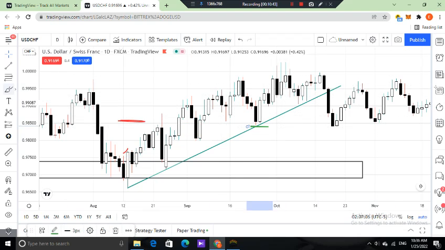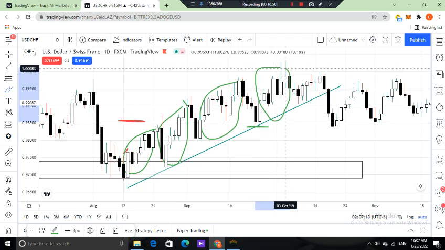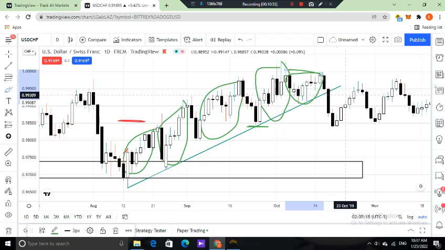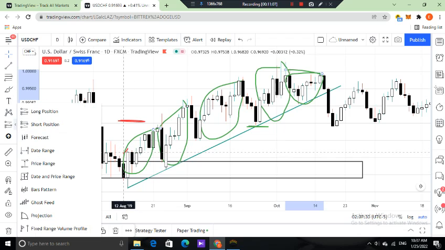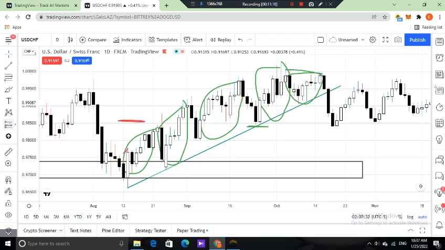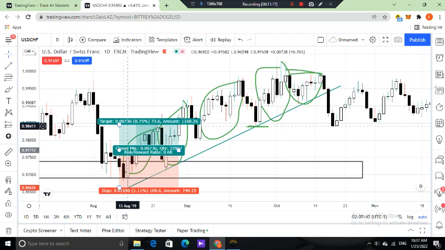So here we have different legs. This is your first leg, second leg, third leg, fourth and fifth, and the last leg. And after that this happened. So you probably take profit if you entered the position at this point with your initial stop loss below this shadow.